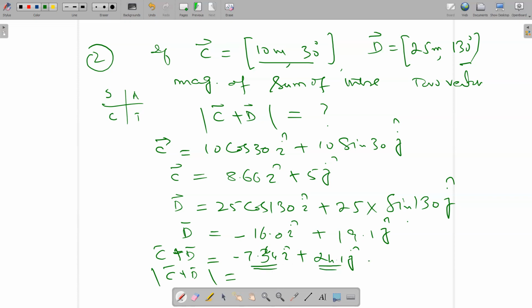So you can write the square root of minus 7.34 squared plus 24.1 squared, and solve it and get the answer, which will be 25.19. So in this way you will solve this problem.